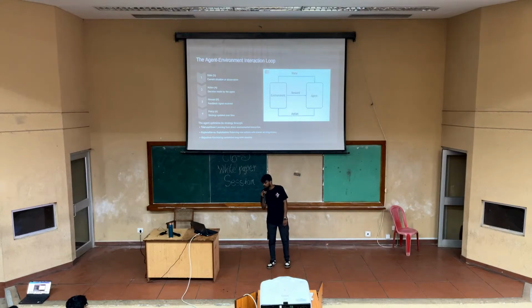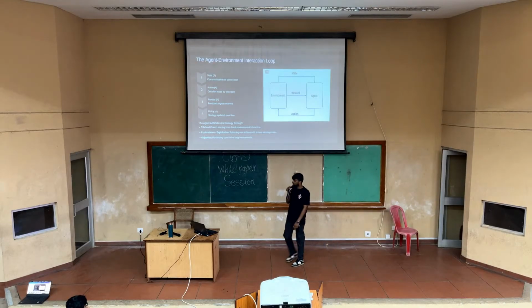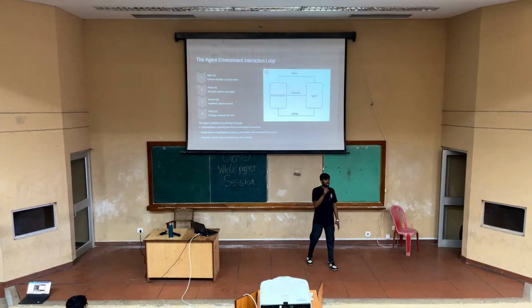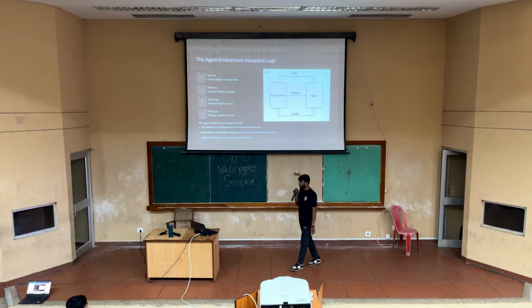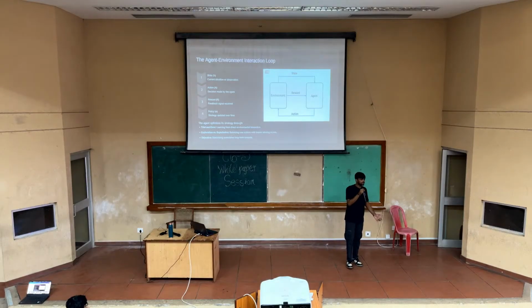Using those rewards as a feedback signal, the agent improves its policies. Initially, when the agent doesn't have any policy, it does hit and trial and takes random actions to map out the possible actions it can do and which action gives a positive response. After the initial policy is made, the agent does something called exploration versus exploitation.